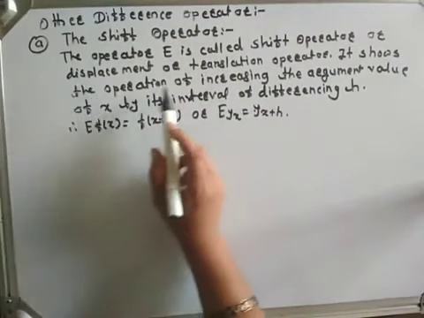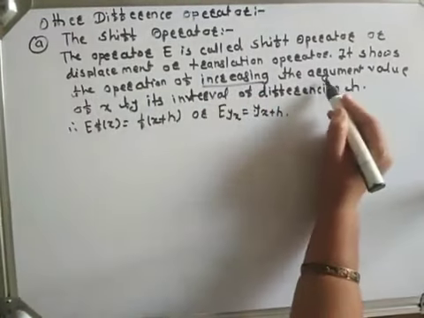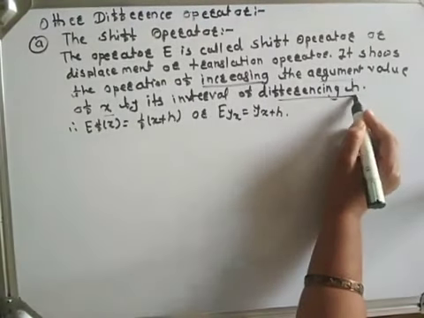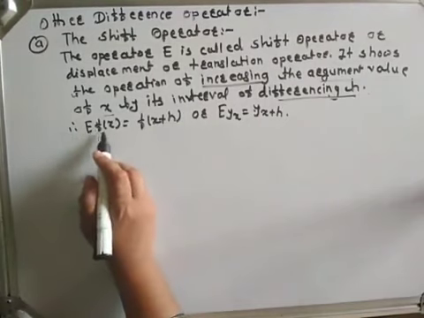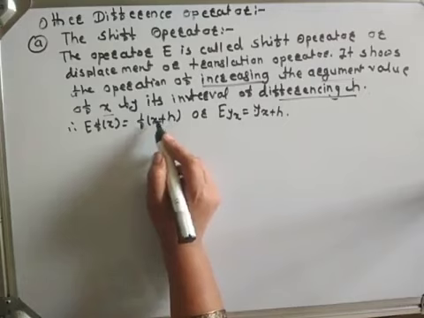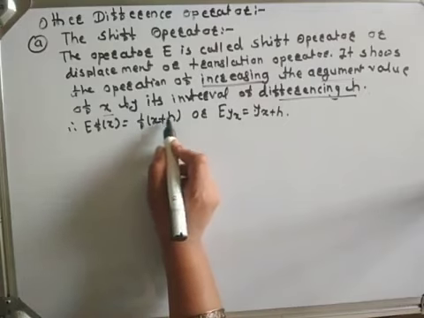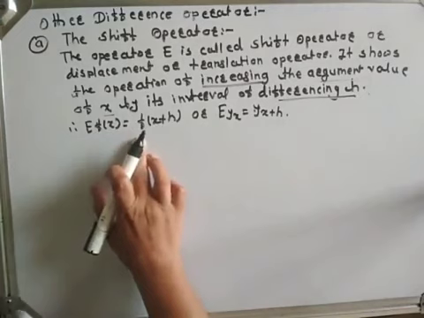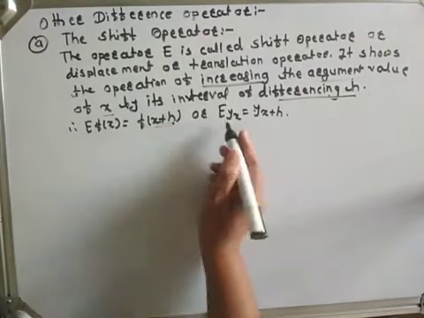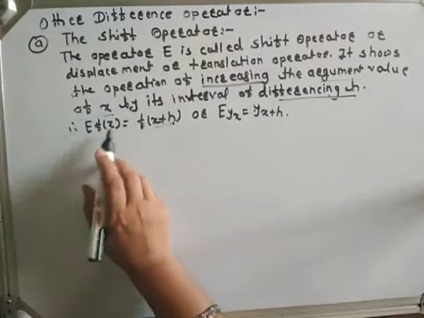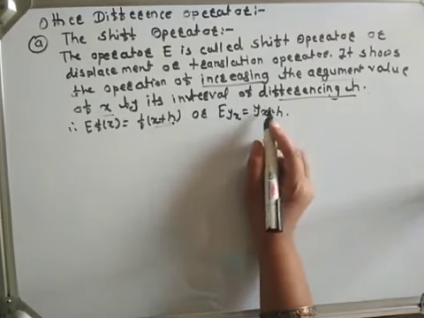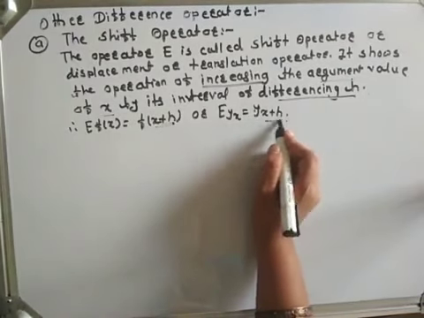It shows the operation of increasing the argument value of x by its interval of differencing h, which means E of f of x is equal to f of x plus h, or this can be written as E y x is equal to y x plus h.